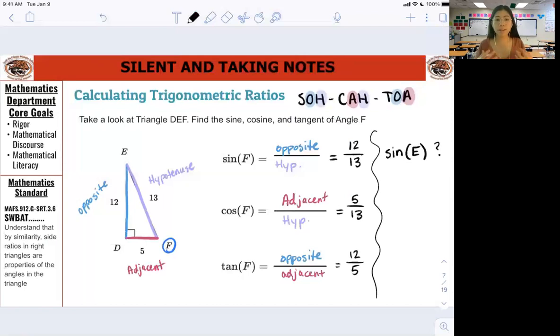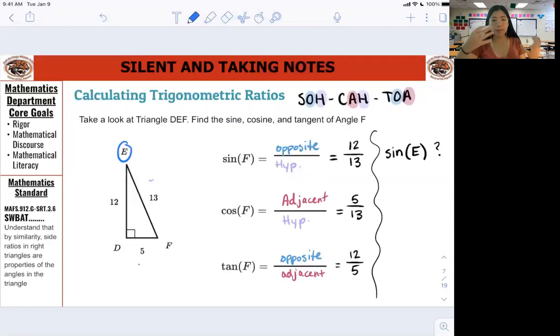It wouldn't be the same because E is a completely different angle from F. So if I'm looking for the sine of E, I would have to go back and start over and label my sides again because the opposite angle for E is different than the opposite angle for F. The hypotenuse is the only one that stays the same, but basically the opposite side would be the side that was adjacent for F, and then the adjacent side would be the side that was opposite for F. So things switch around depending on which angle you're actually looking from.